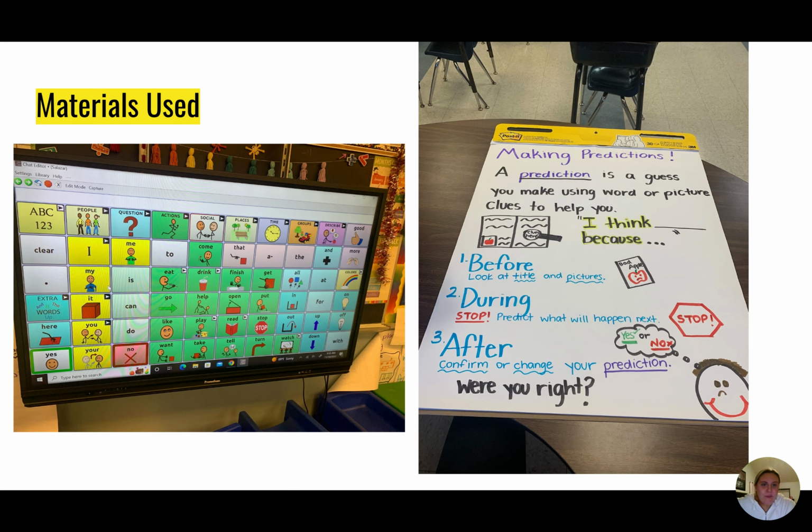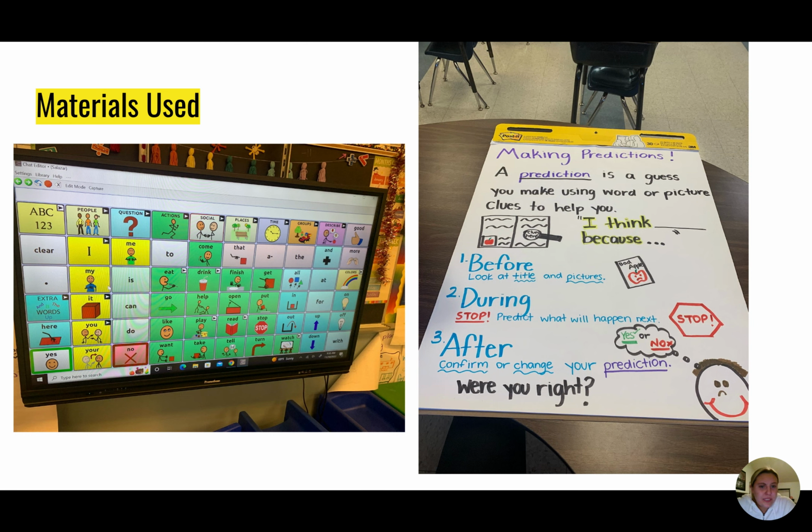On the right, I have my anchor chart, and it's about making predictions. The first thing I did in purple was write what the definition of a prediction is and practice what that is when we're reading. I use words like I think and then because. I talked about how good readers make predictions before, during, and after they read. So before, I reminded them that they need to look at the title and the pictures to try to figure out what the story is going to be about.